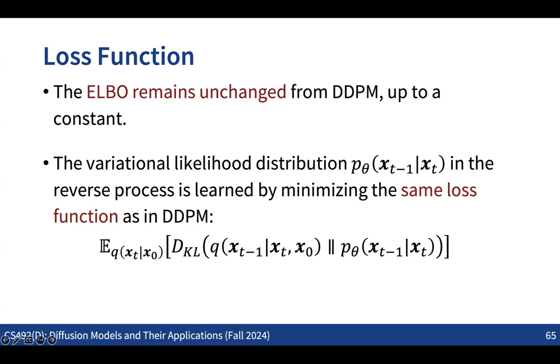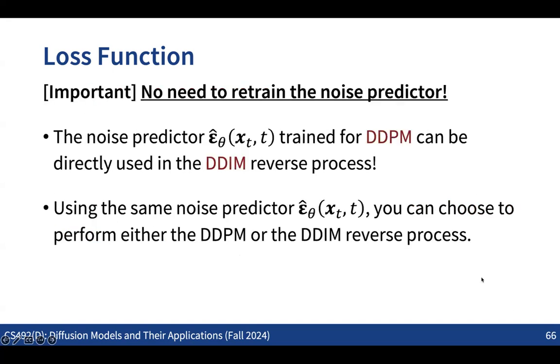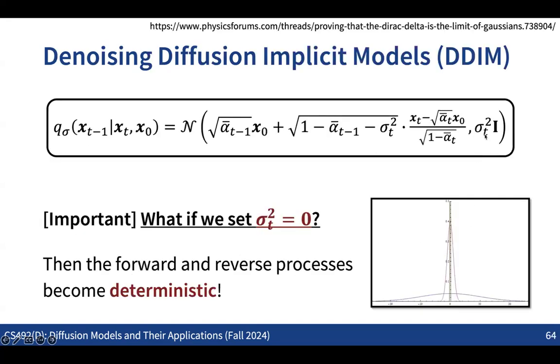The question here is: if you go back to the previous slide, in DDPM sigma t was predefined, but I'm confused about setting sigma t to 0. Yes, that's the difference. In the DDPM case, sigma t was predefined, and now we can vary sigma t as we want.